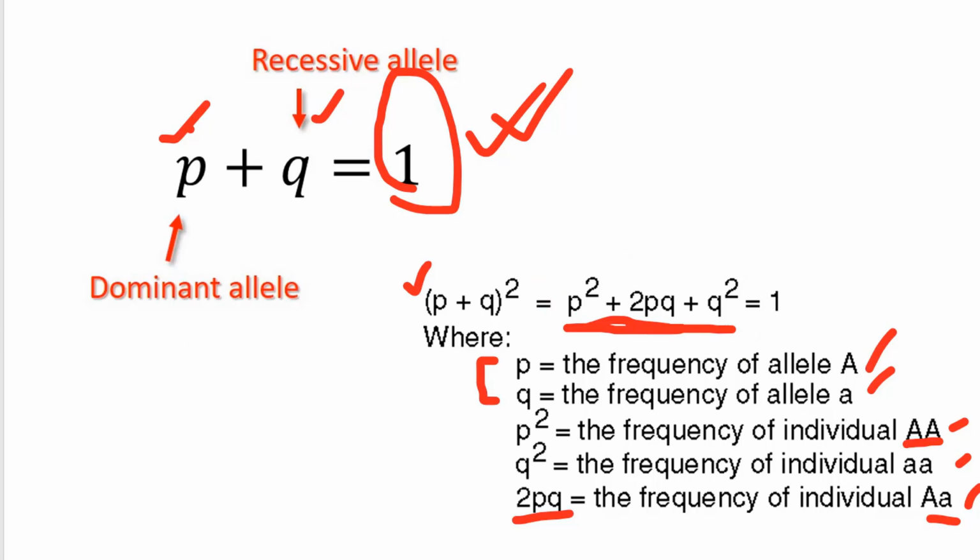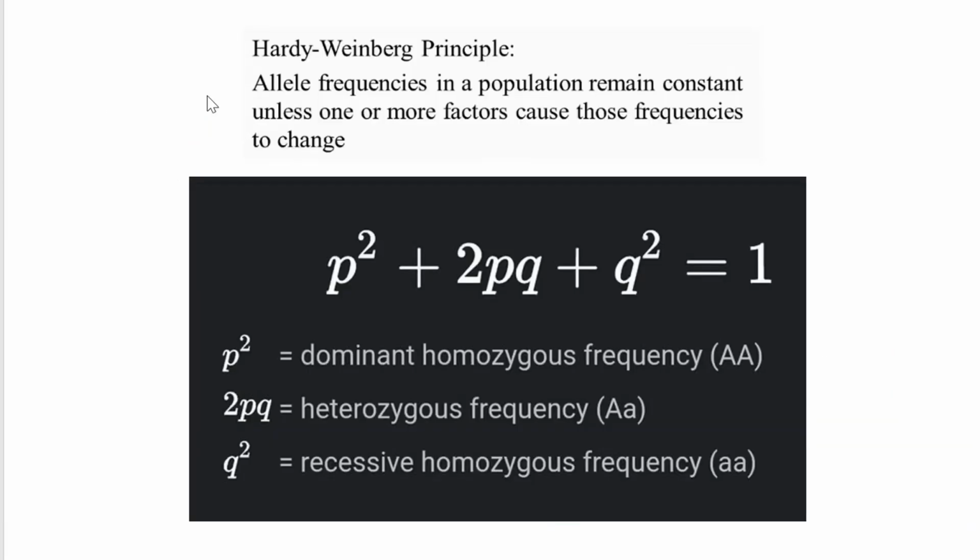This derivation is known as the Hardy-Weinberg equilibrium. It comes from the Hardy-Weinberg principle, which states that allele frequency remains constant unless one or more factors cause those frequencies to change. That is why it is called Hardy-Weinberg equilibrium.